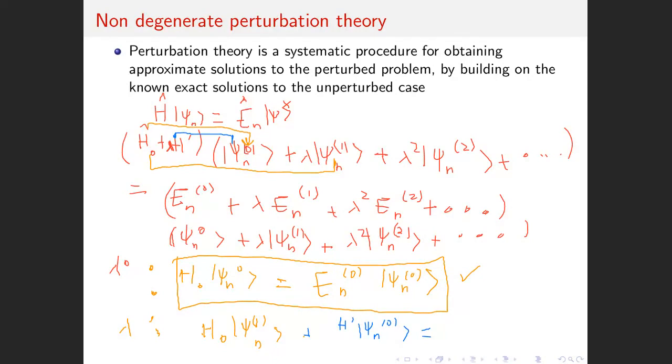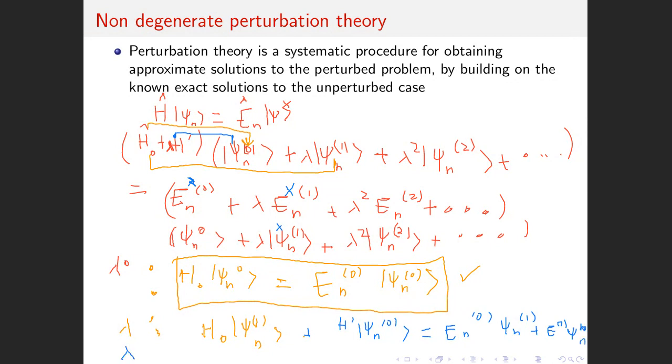On this side, the terms will be this term in blue multiplying this one will be of order lambda, so you get En 0 psi n 1. Similarly, we multiply E1 there, plus En 1 psi n 0.